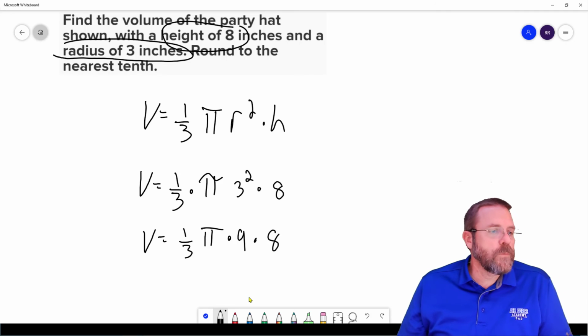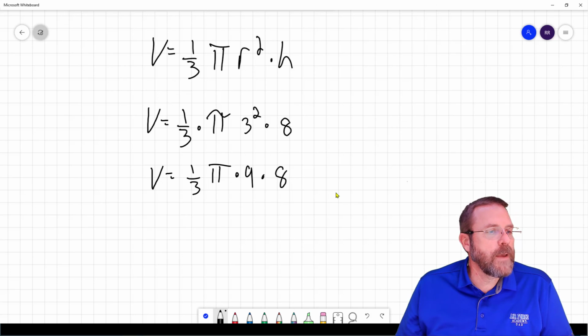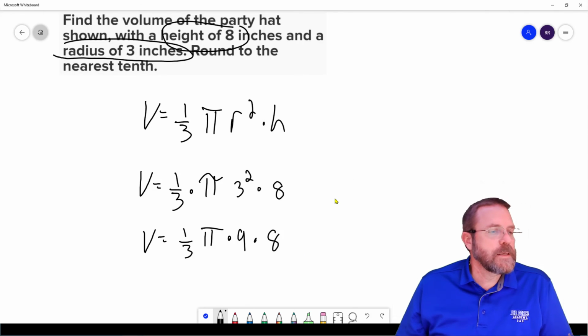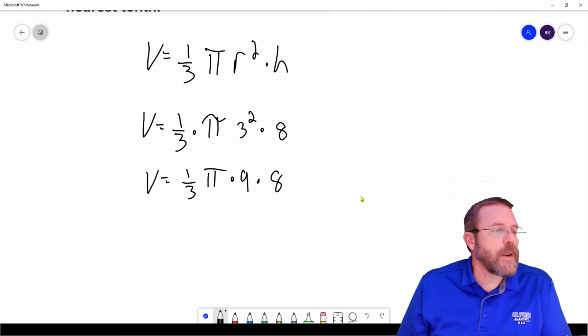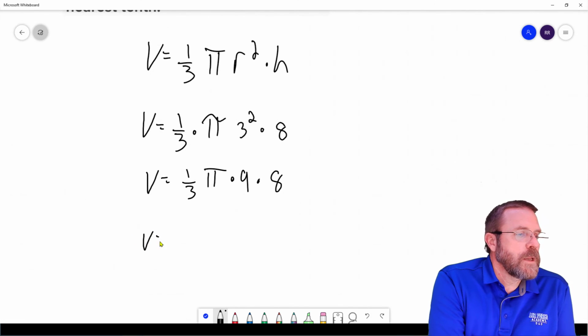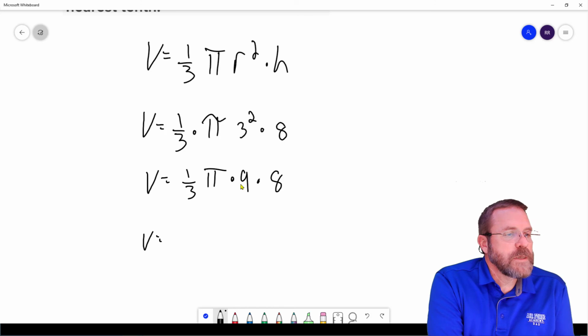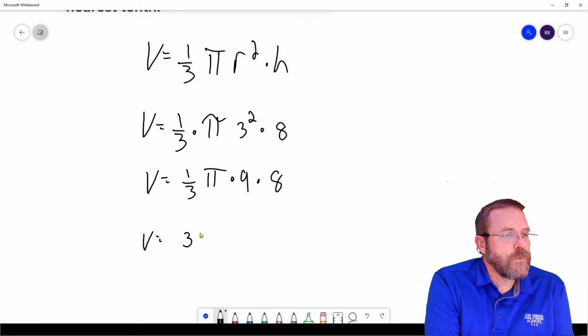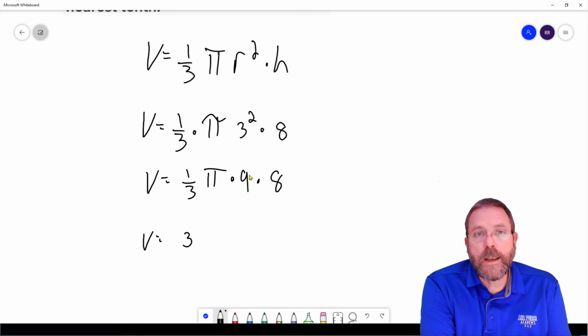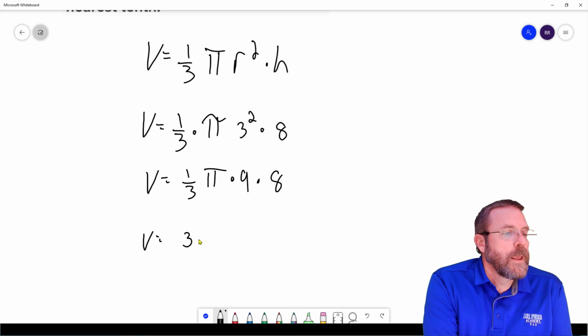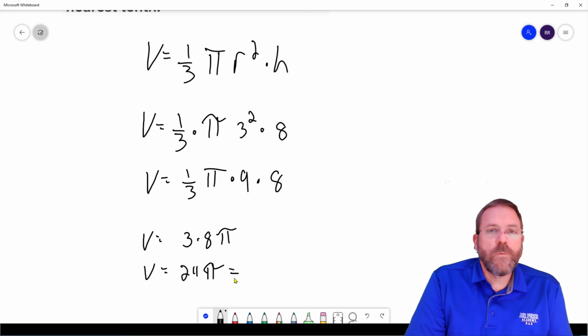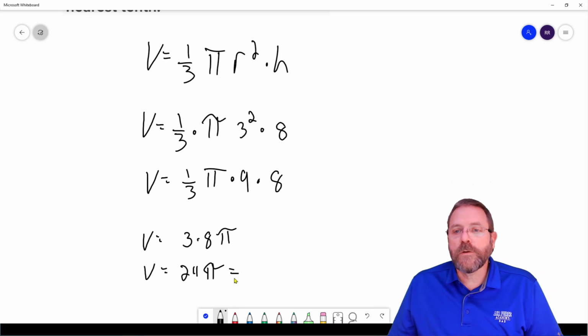Now we can do something pretty cool right here to make our math a little bit simpler. I can simplify that 1/3 and the 9 by just simply saying 1/3 times 9, that's going to end up being 3. 1/3 of 9 is 3. 9 divided by 3 is 3. And then that's going to be times the 8 times the pi, and that's going to leave me with 24 pi. Now, of course, they wanted a final answer rounded to the nearest tenth.